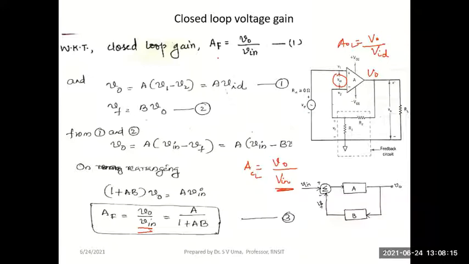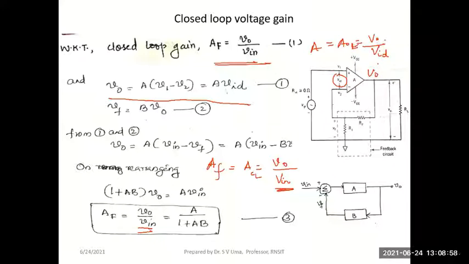So let me consider the expression for closed loop gain AF. It is also called gain with feedback, AF. This is given as V0 by Vin. V0 is the final output voltage which you observe, and Vin is the actual applied input signal voltage. We know that the output voltage of an op-amp is given as A into the differential input voltage. Since this AOL or A is written as V0 by VID, please see that.